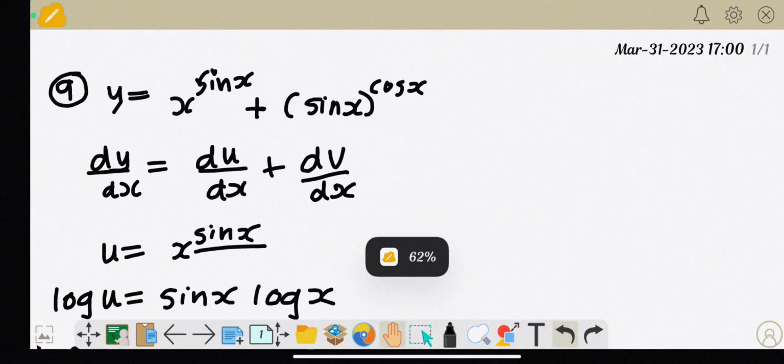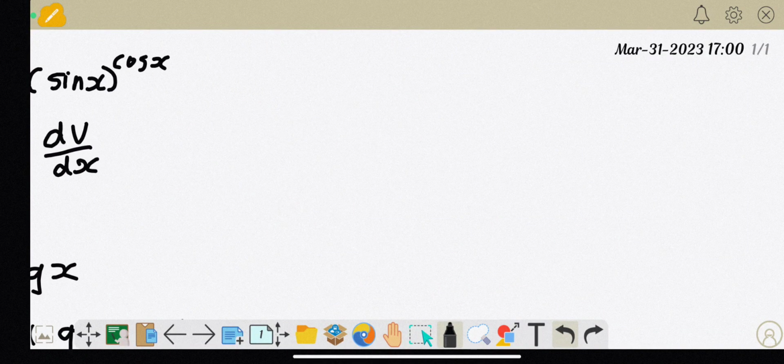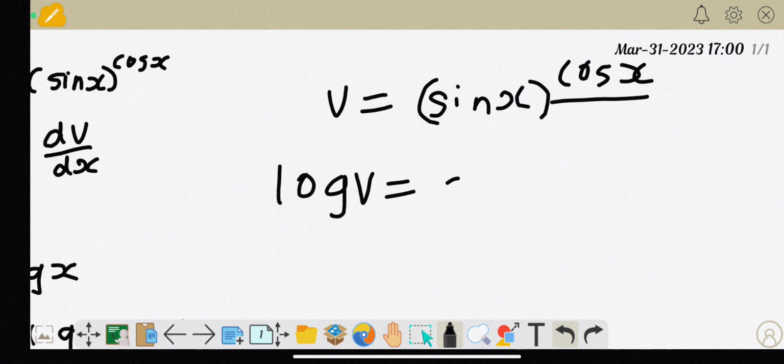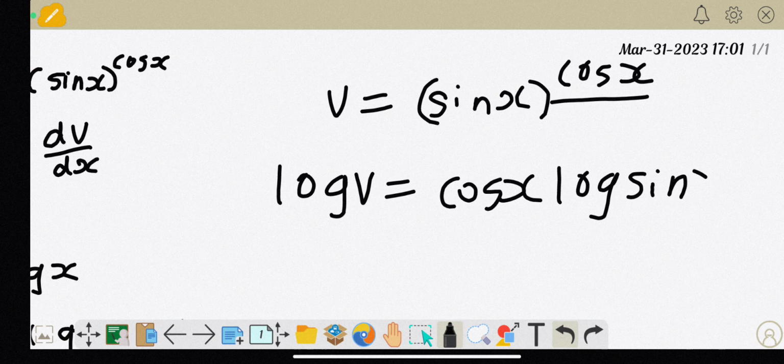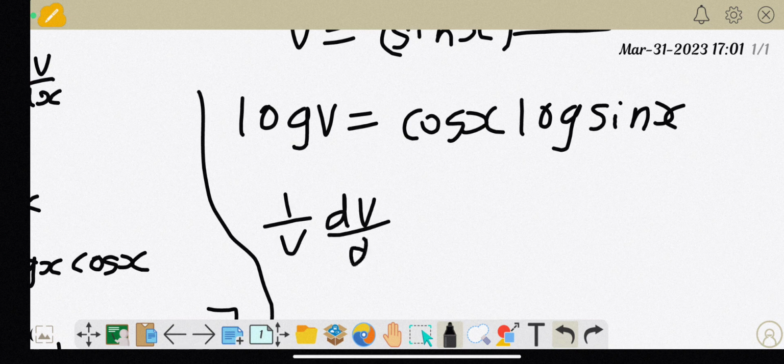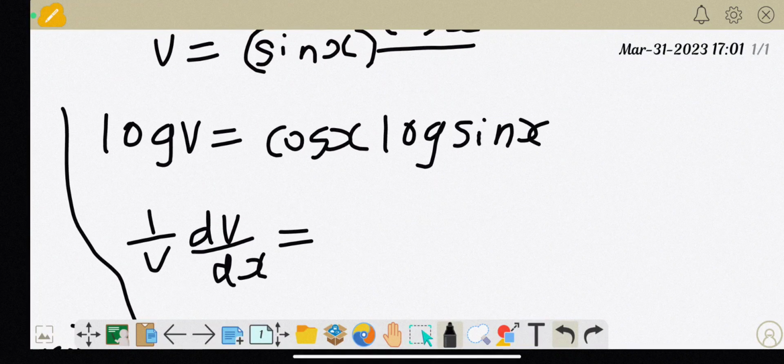Now similarly we have to do for dv by dx. Here v is equal to sin x to the power cos x. Apply log on both sides. So log v is equal to, the power becomes a multiple, cos x log sin x. Now 1 by v, differentiate on both sides, using the product rule.